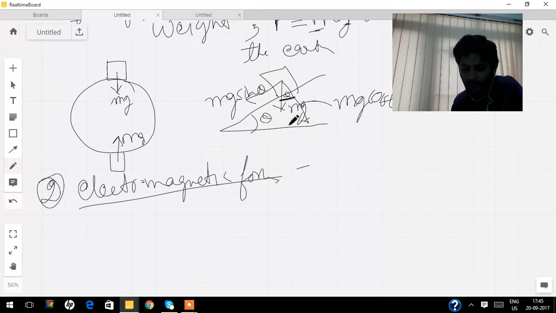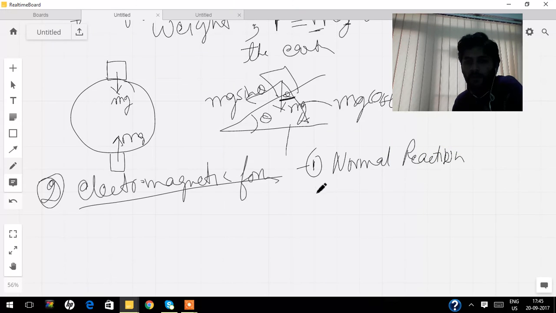The first type of electromagnetic force that we are going to study in this chapter is the normal reaction force. The second type of force is the tension force. The third type of force is the friction force.